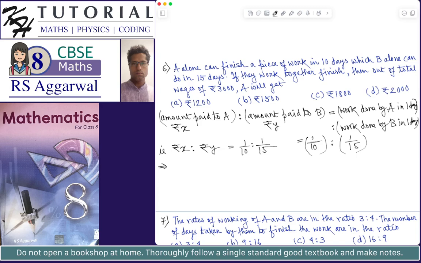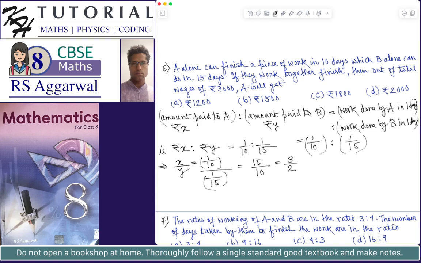So this means X by Y is equal to 1 by 10 divided by 1 by 15. This is equal to 15 by 10. Now you can simplify 15 by 10 further, and it would be 3 by 2.